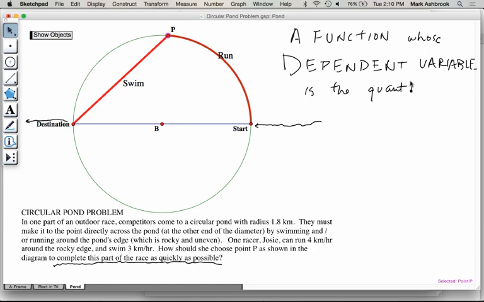Which quantity is it? What quantity is the dependent variable, just in general? What's that? Yeah, the one that we want to optimize. The dependent variable is the quantity we want to maximize or minimize.